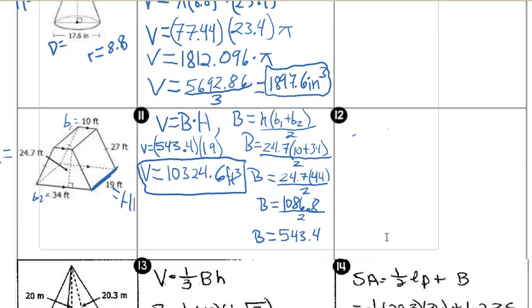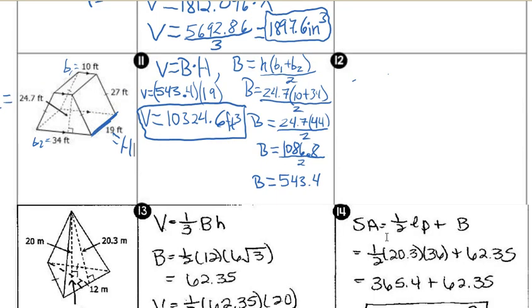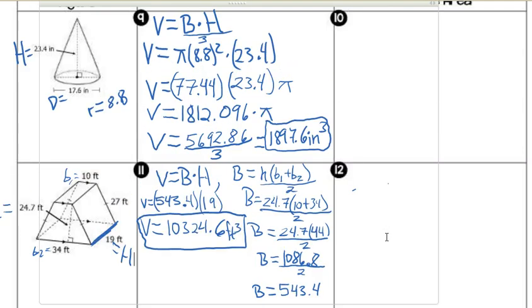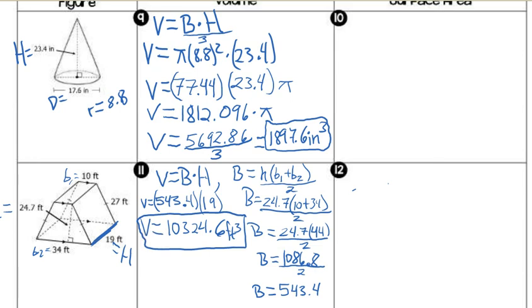Alright. Yeah, so that's the last one for the volume. Volume of this trapezoidal prism, it's the same setup: area of the base times the height. The area of the base is a trapezoid. The formula for area of a trapezoid uses little h, which is right here. I don't know if you can see that.